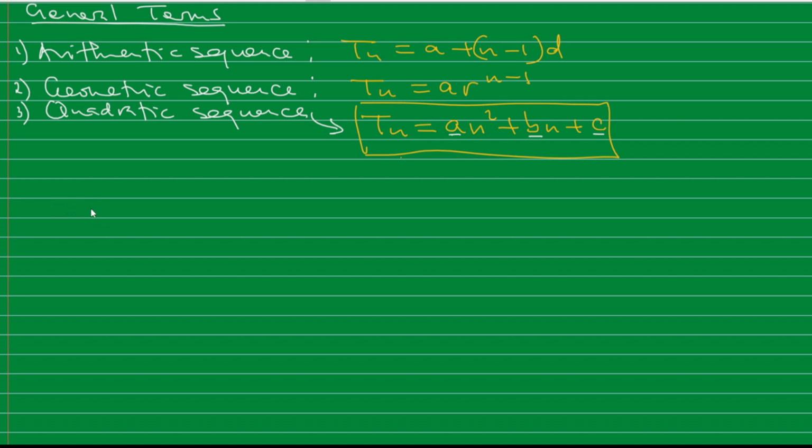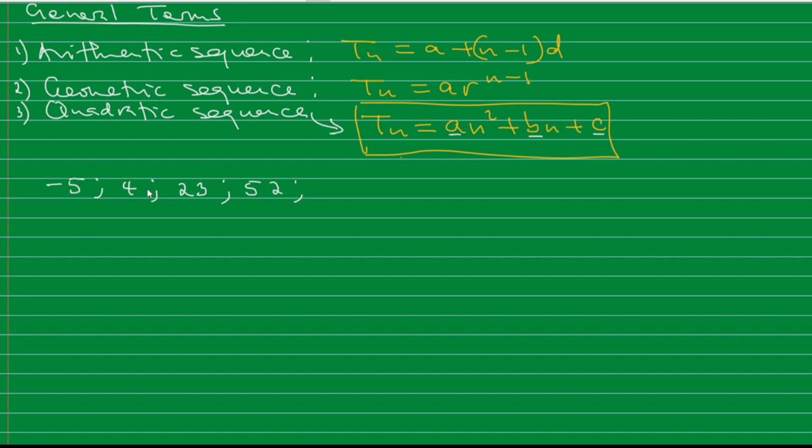So if I come back to this quadratic sequence, 5, 16, 33, 56, and so on, these are called terms.